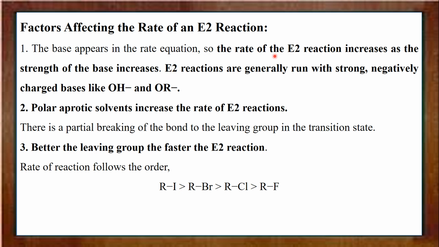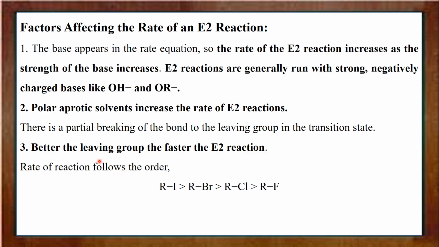So the rate of the E2 reaction increases as the strength of the base increases. So usually we make use of hydroxide or alkoxide bases for E2 elimination. Regarding the solvent, polar aprotic solvents increase the rate of E2 elimination.